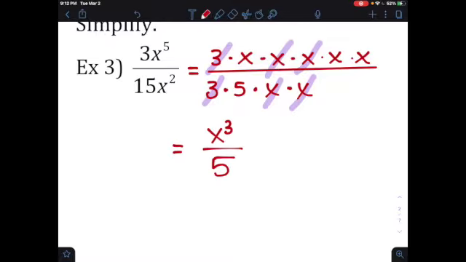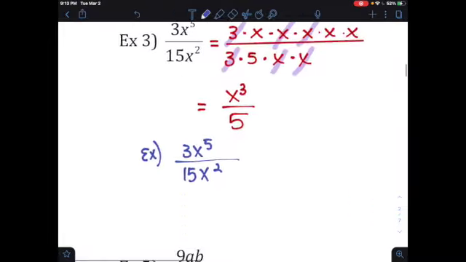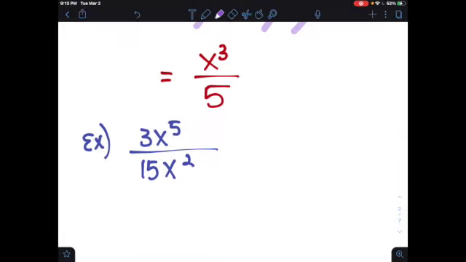Do I need to show the work by spelling them out? Absolutely not. You can do another way. You can say 3x to the fifth over 15x to the second. Now what you can do is just cancel out 3 and 15. You can say that's 5 on the bottom. And then I told you guys how to cancel things. So x to the fifth, x to the second.